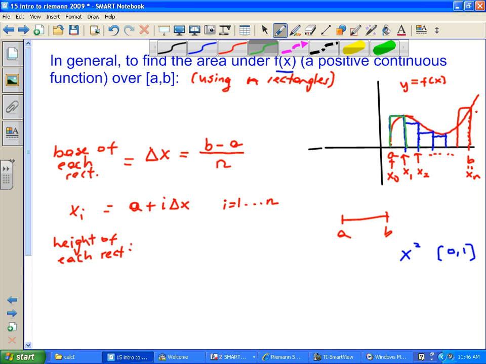To get the next rectangle, I plug x sub 2 into the function, get a height there, and that gives me the height of the second rectangle. So in general, to get the height of a rectangle, we need to plug x sub i into the function f of x. So f of x sub i will give you the height of the ith rectangle. To get the first height, you do f of x sub 1. The second one, you do f of x sub 2, etc.